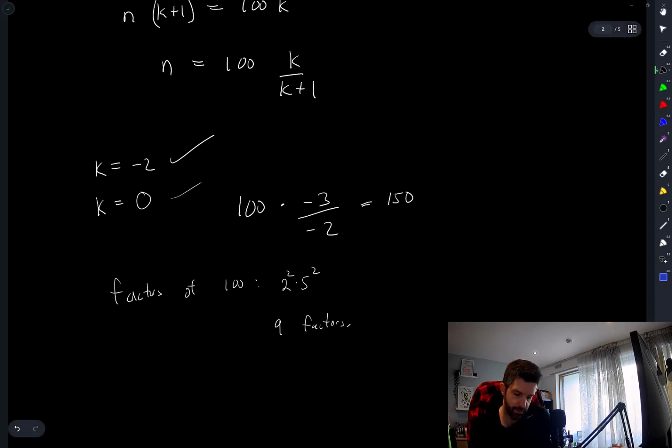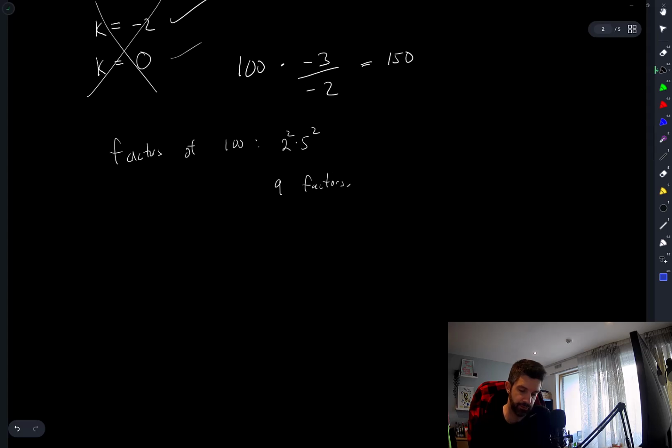When k is equal to -2, that's equal to -1. So I'm going to ignore these cases. Really what I simply need is the denominator to be a factor of 100, because this will capture the two cases where the denominator is plus or minus 1. Okay, so the number of positive factors of 100 is 9. If I include negative factors, this is 18 positive or negative factors. And I think that's it.